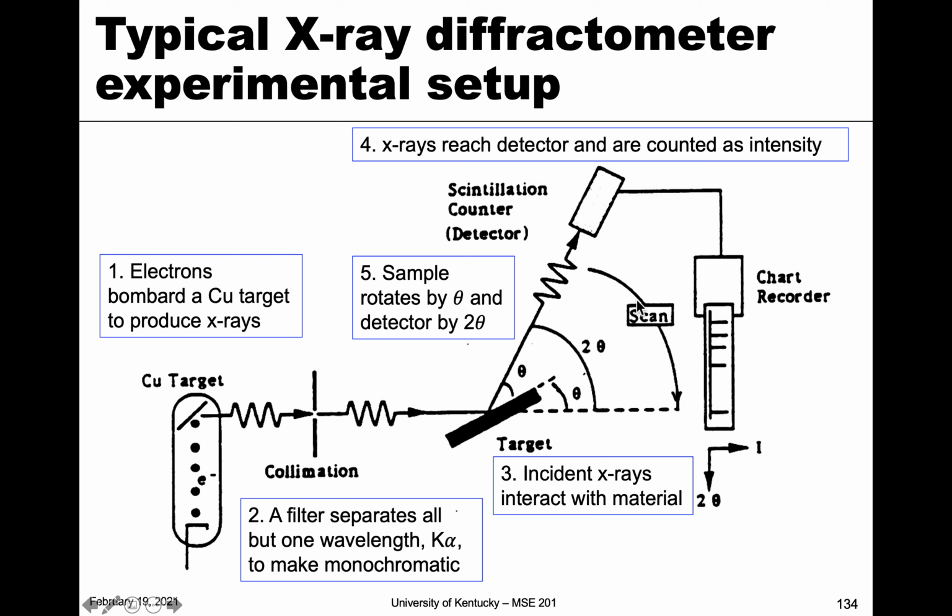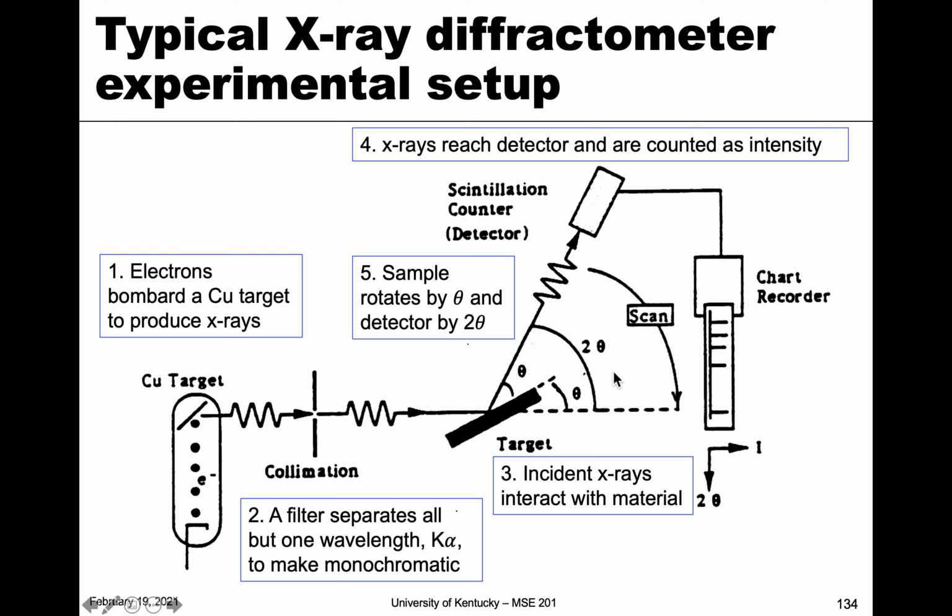This scan arm here, we rotate by an angle of 2 theta. That's what allows us to keep the theta geometry here. By moving the detector by 2 theta, it allows us to maintain the geometry because the source doesn't move. So instead of moving both, we only move one thing, the detector, and to do that, we have to move it by 2 theta.